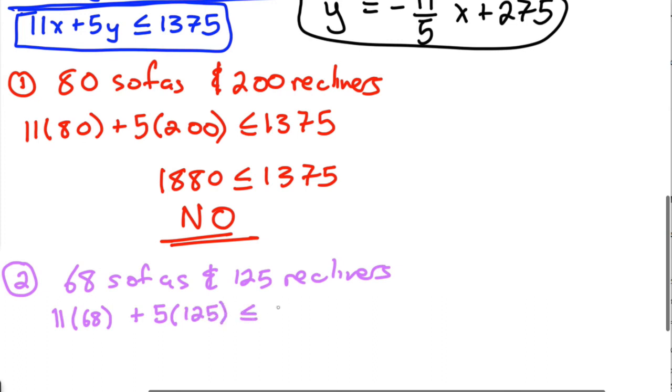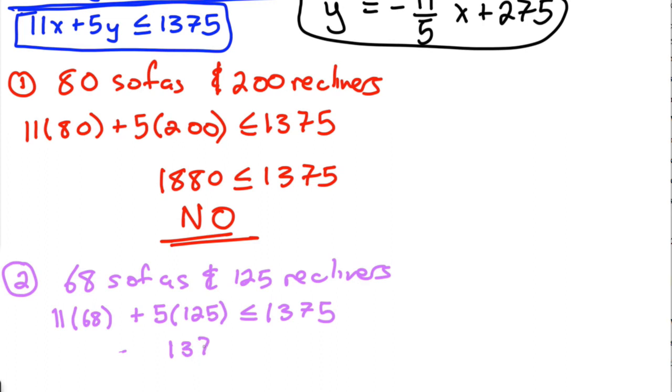And we ask ourselves the same question. Is that less than 1,375? Well, if we do that work, we end up with 1,373. Wow. That means that it just barely, so that's a yes, but just barely fits, right?